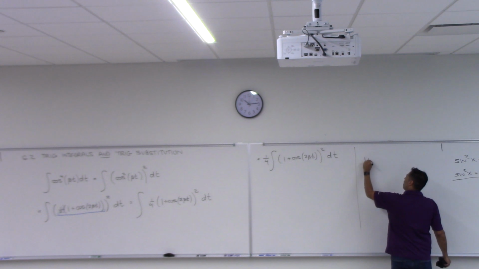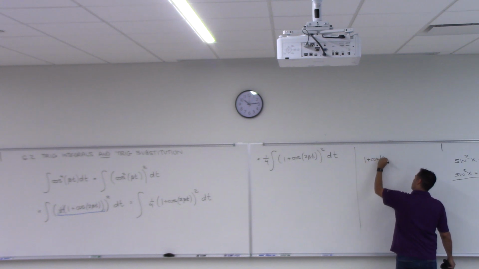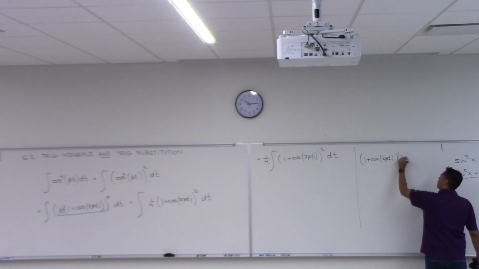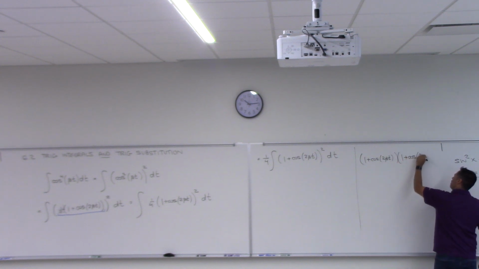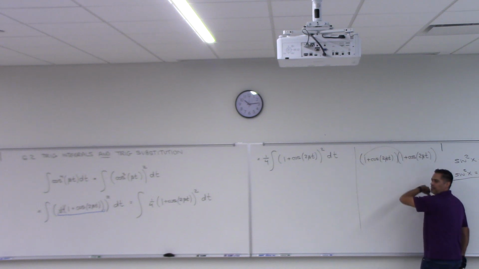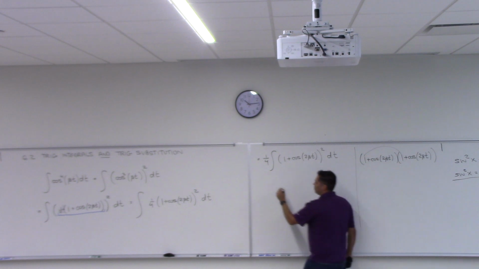What's 1 plus cosine of 2 beta t times itself, 1 plus cosine of 2 beta t? What would I get? Let's see. I'm just going to put the answer here.